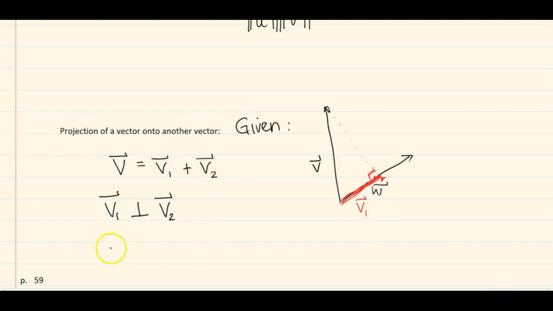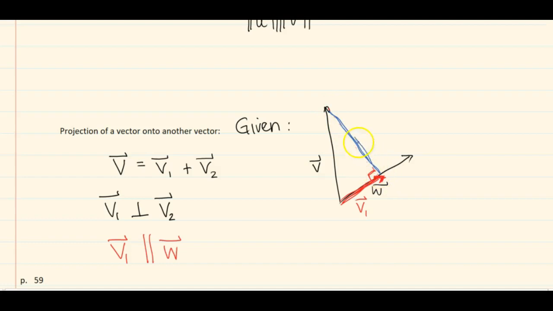Notice that vector 1 is actually parallel to vector w. You can see that they're going in the same direction, the same slope, so they are parallel to each other. They're not equal to each other, but they are parallel. We can also create this vertical component.